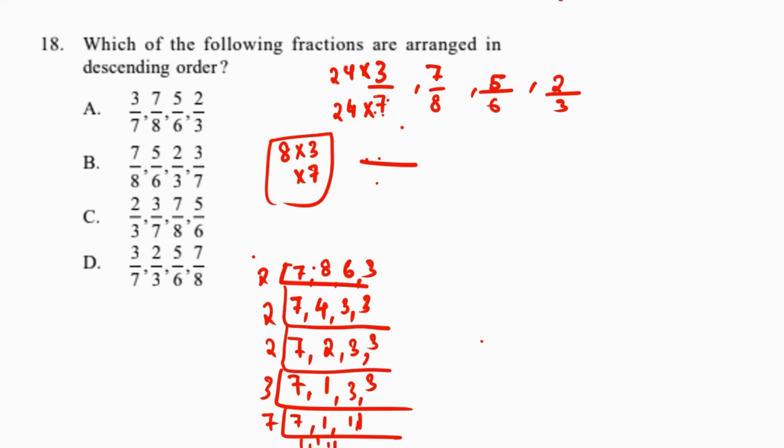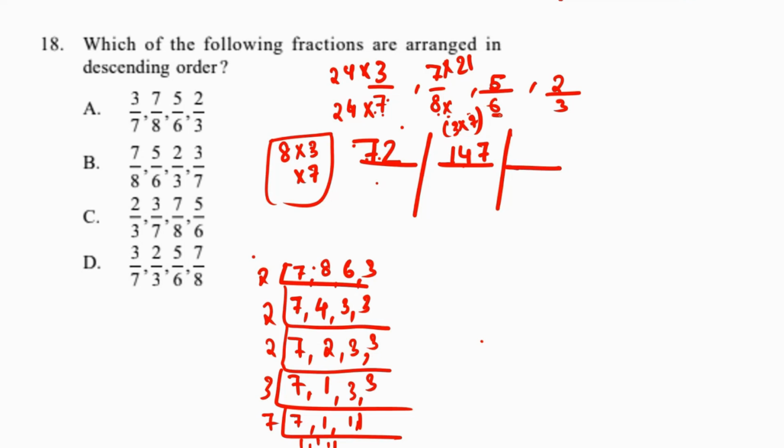So 24 multiplied by 3 gives us 72. We are ignoring the denominators because they ultimately lead to the same number. 8 has to be converted to this, so 8 should be multiplied by 3 into 7, that's 21. So 7 should also be multiplied by 21, and 7 times 21 gives 147.